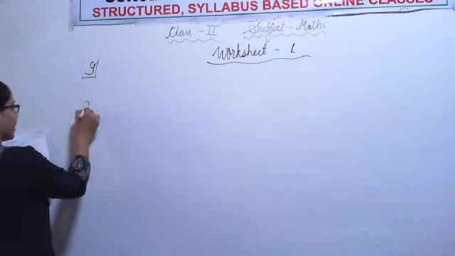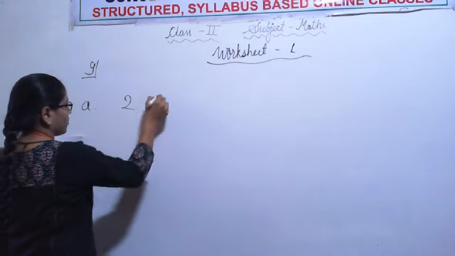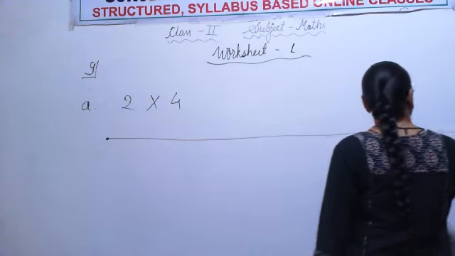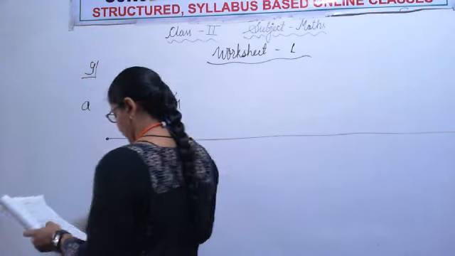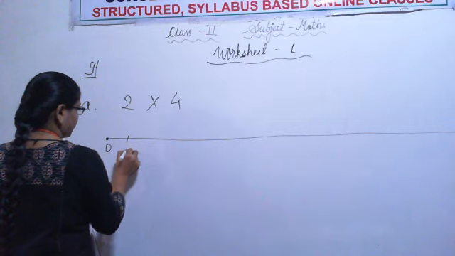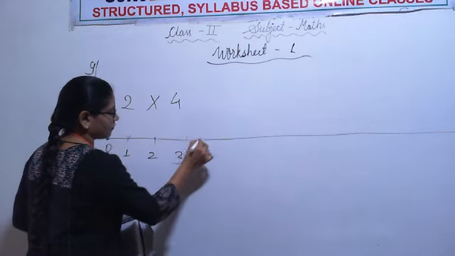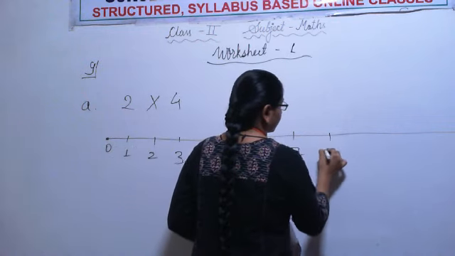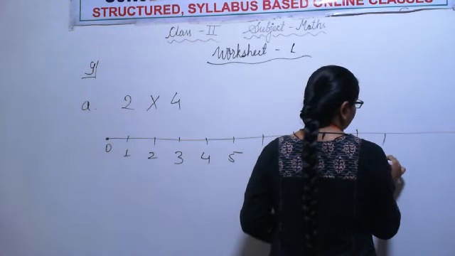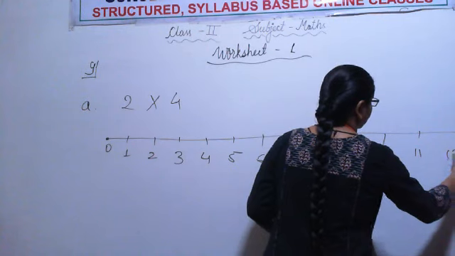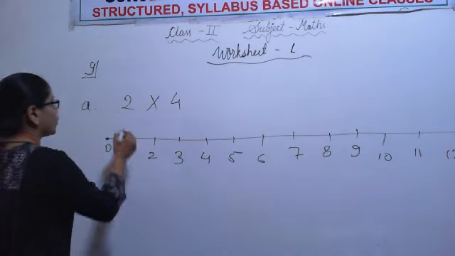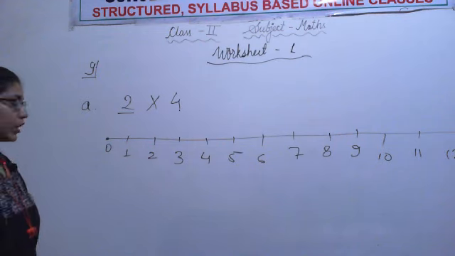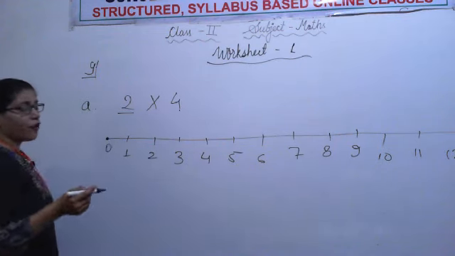So question A is 2 into 4. So let me make number line first. Into 4, so 2 times number 4. So we will skip number 4 for the 2 times. So from where we'll start?